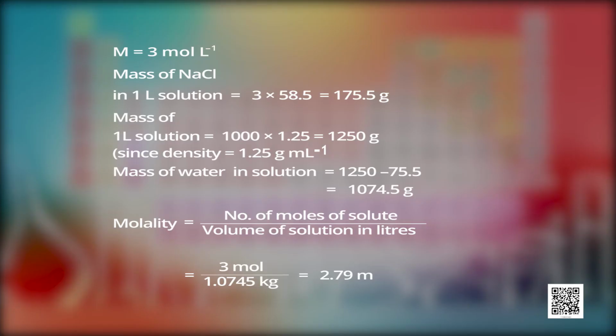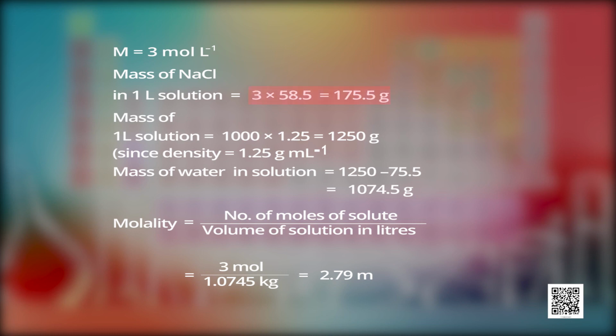Let us solve a numerical. The density of 3 M solution of sodium chloride is 1.25 gram per milliliter. Calculate the molality of the solution. Children, here molarity is given, 3 mole per liter. Mass of sodium chloride in 1 liter solution will be 3 multiplied by 58.5.